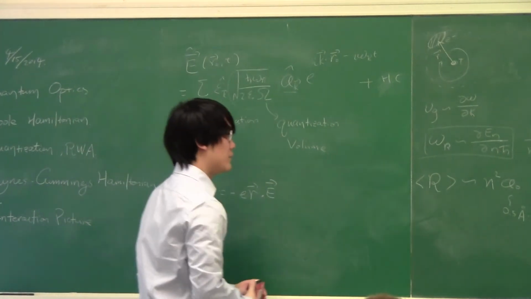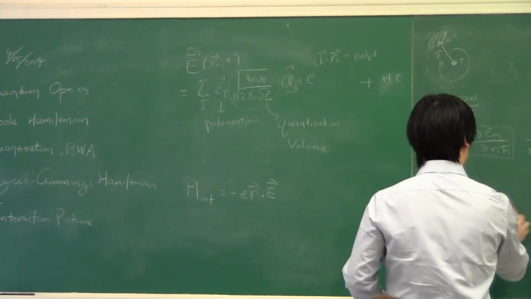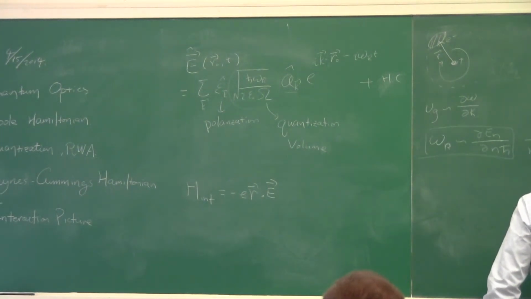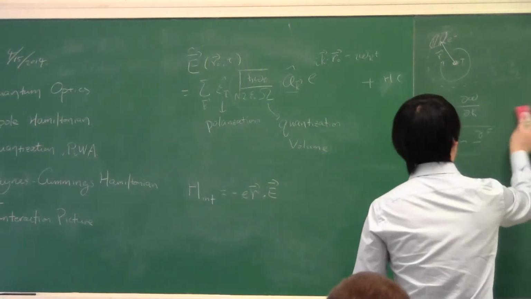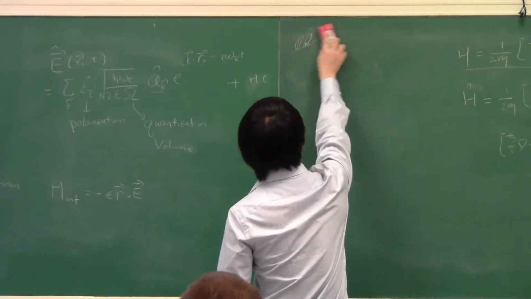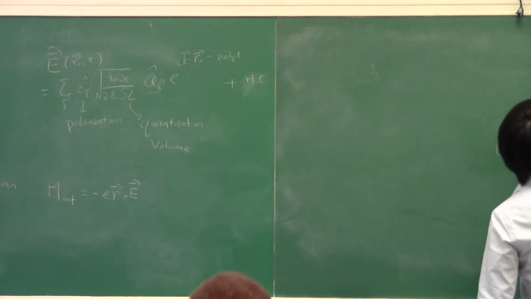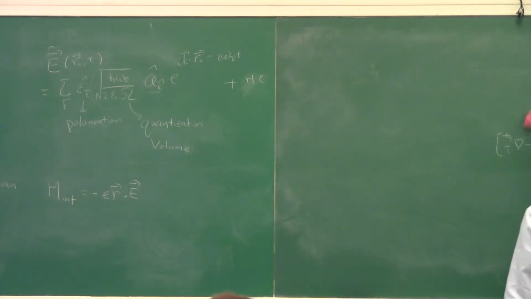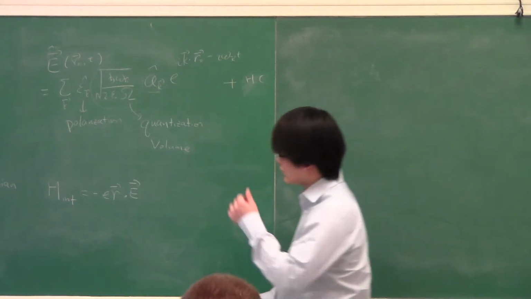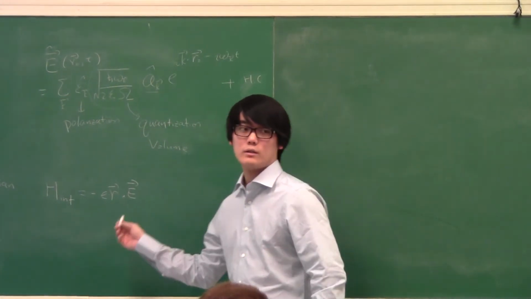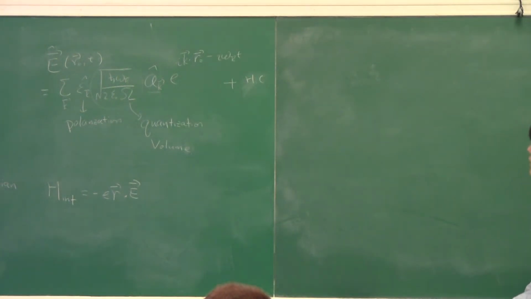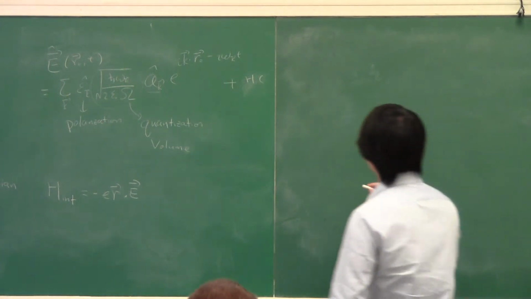And let me be specific. We're only going to consider an atom with two adjacent levels. Why is that okay? Once again, I need to explain when we actually use this kind of Hamiltonian.